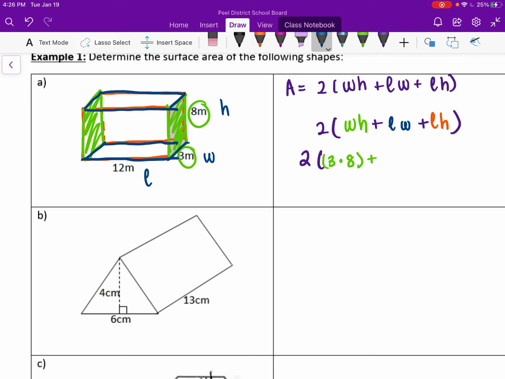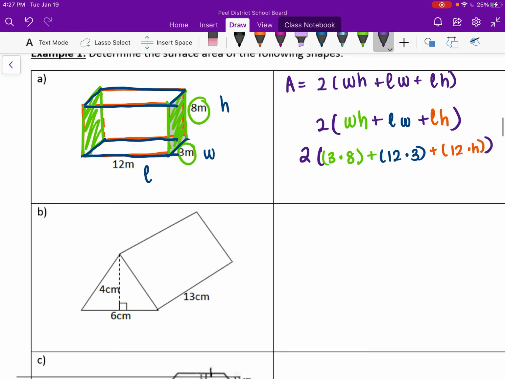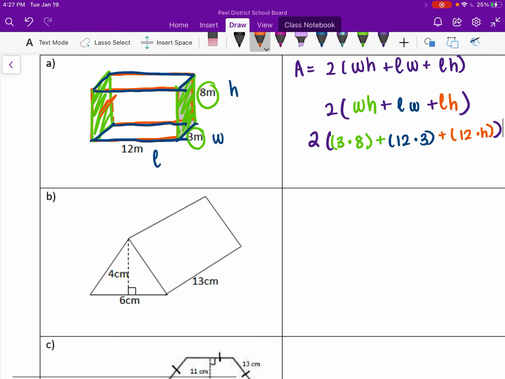Plus the blue box is going to be L times W, which is just 12 times 3, plus our last one is length, 12 times height, which is just that front-facing box that we have. Okay. The orange box, which I didn't do a really good job of coloring in, but you get what I'm saying. Okay, so those are our numbers.